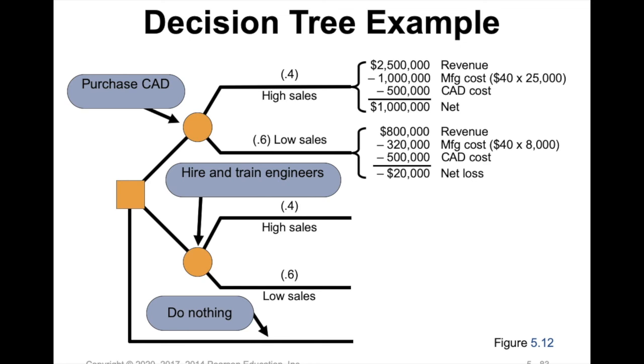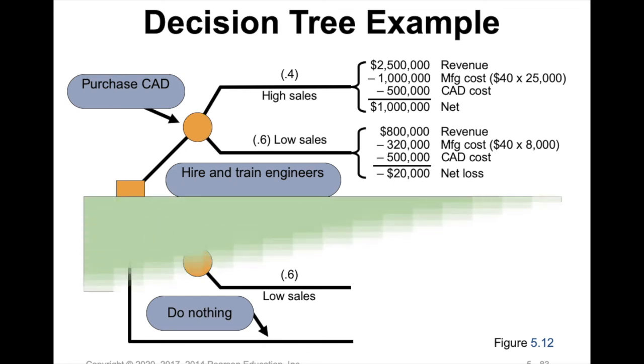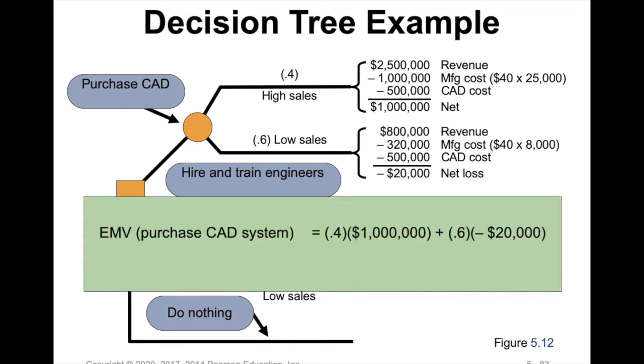So kalau high sales with 40%, dia punya net untung is 1 million. While if the probability of low sales is 60%, you gain a net loss of negative 20,000. So this is how you calculate it.